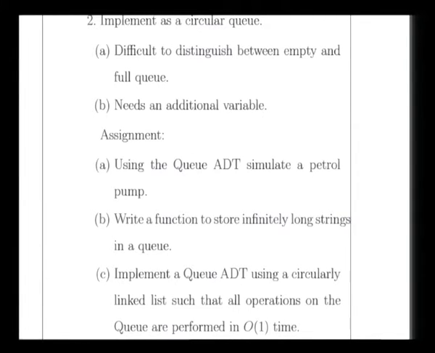Simulation is a very good way of learning about ADTs, and I would like you to simulate a petrol pump. I have a petrol pump which serves petrol for various people. Let us say you have two different petrol pumps, one for the four-wheeler and one for the two-wheeler, and for each one of them you can have arrivals that happen to the particular system.